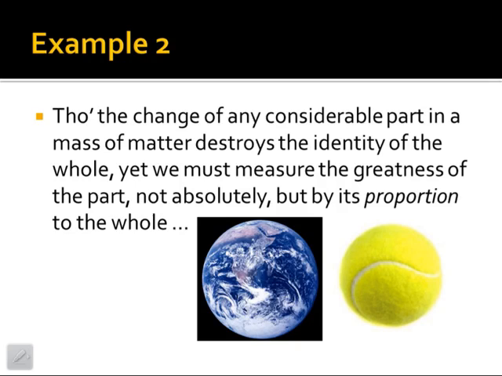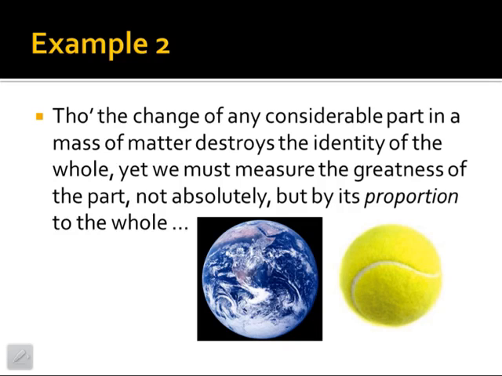So the second example that Hume gives kind of builds on the first one a little bit. Bear with me here. He is reflecting on the fact that isn't it odd that with some masses of matter, say for example the Earth, it's huge, obviously.